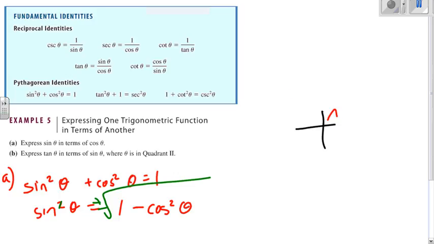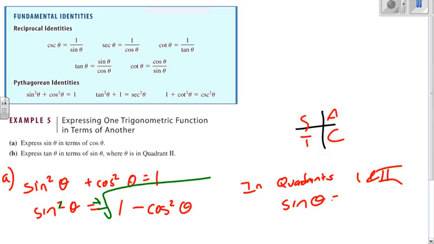So if you think about the quadrants, all students take calculus, so sine is positive in quadrants 1 and 2, and it's negative in quadrants 3 and 4. So you could say in quadrants 1 and 2, sine equals positive square root of 1 minus cosine squared.